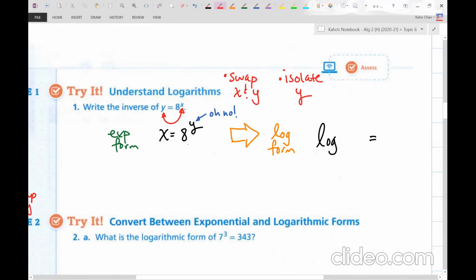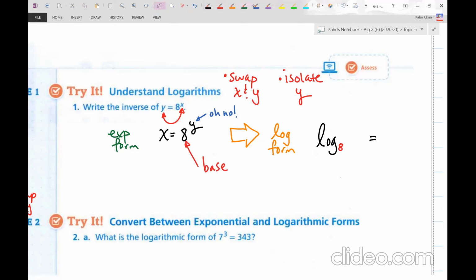Awesome. Put the base right here as a little number. Okay? The power is y. In log form, the power is on the other side.